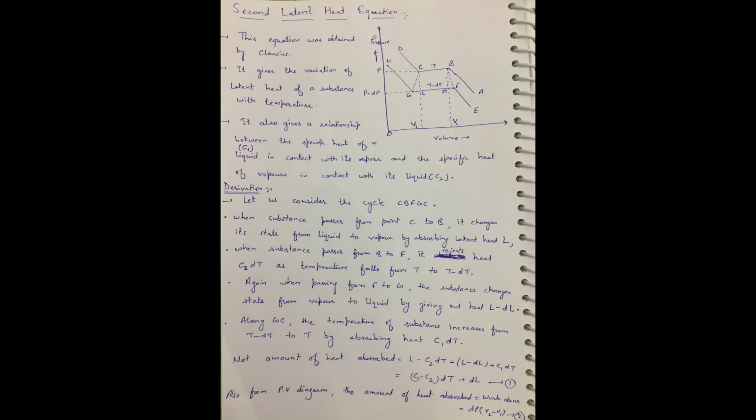Now, as ABCD and EFGH both are isothermals, let us say ABCD is an isotherm at temperature T and EFGH represents an isotherm at temperature T minus dT.